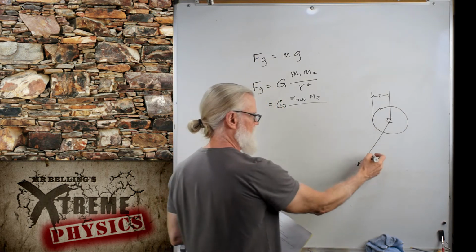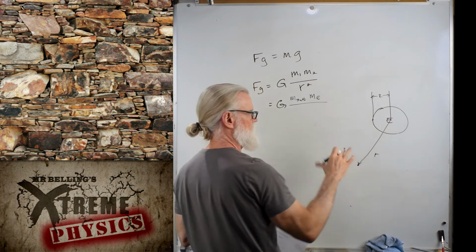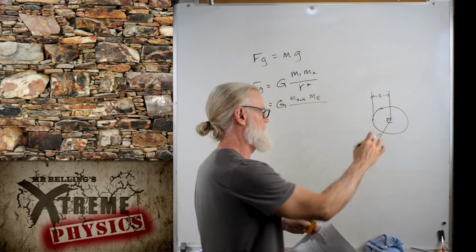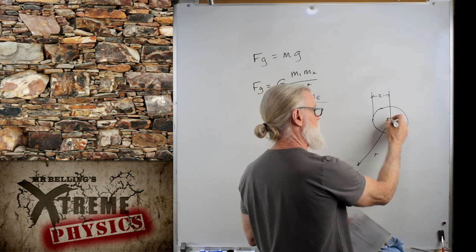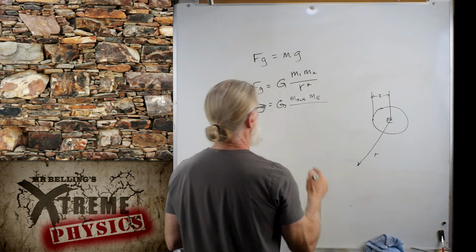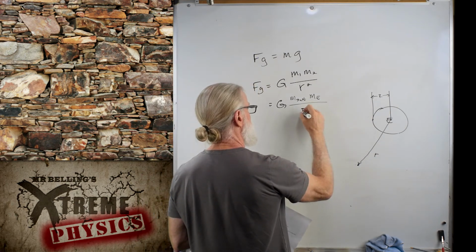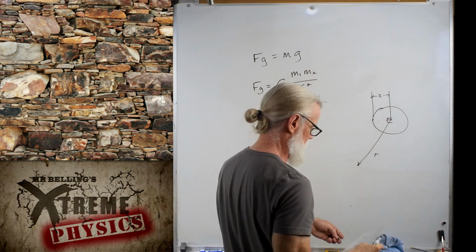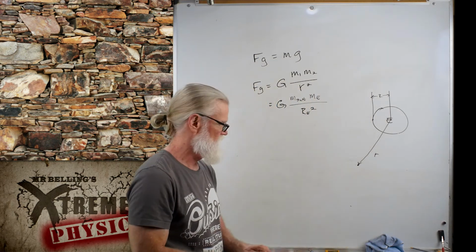So lowercase r is just the distance between two objects, and we usually use uppercase R to mean the radius of a planet, or a star or something like that. All right, so this would be the radius of the Earth squared. If we wanted to calculate that, we could look all those numbers up.